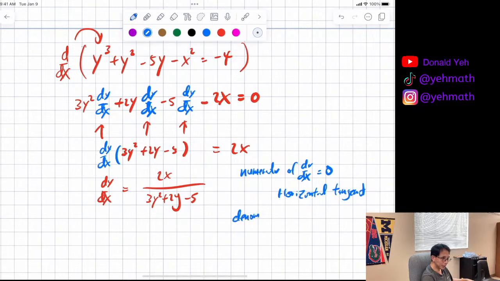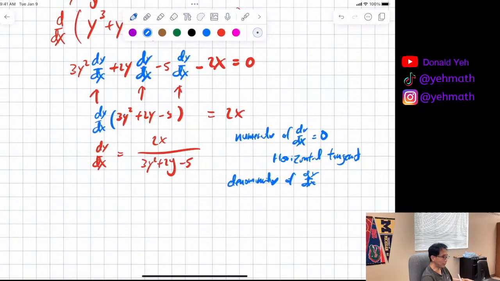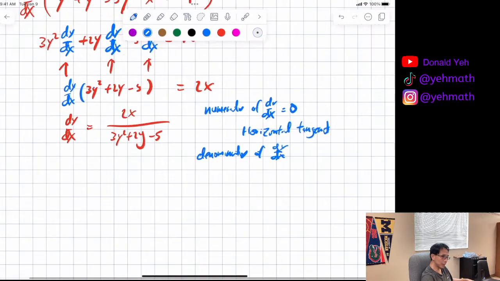The denominator of dy dx, the bottom part, equal to 0. You can actually solve for that. You can use quadratic formula to solve, but I'm not going to do that. The denominator of dy dx, which is 3y squared plus 2y minus 5, equal to 0. That is your vertical tangent.